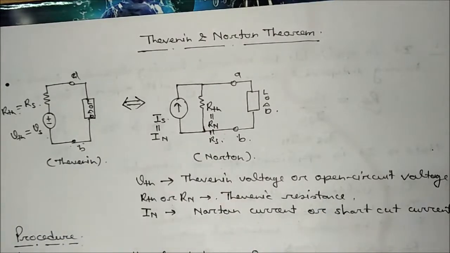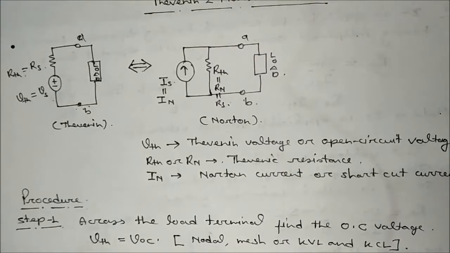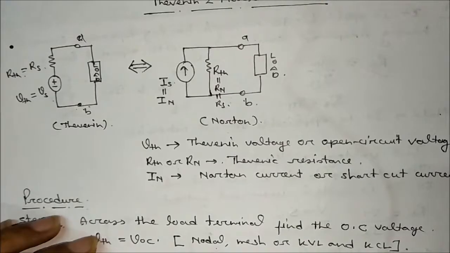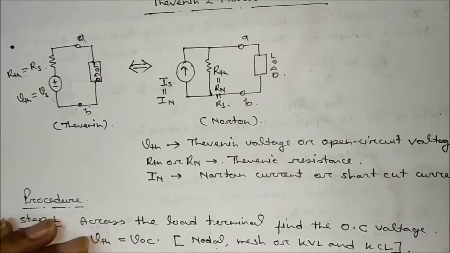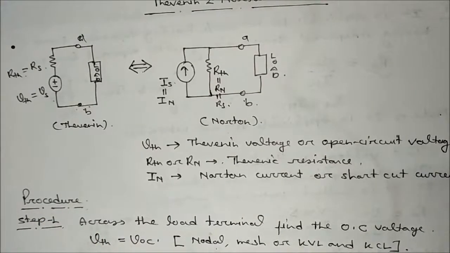Okay, the basic approach is what? First always find VTH or ISC across the defined terminal by using nodal, mesh, or KVL and KCL, and next find the RTH across the defined terminal. And there are three methods. One is a network having resistive independent sources, then just make series and parallel combinations by making independent voltage sources short circuit and current sources open circuit.